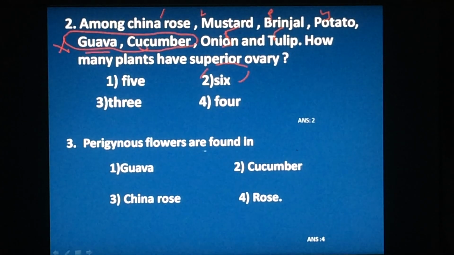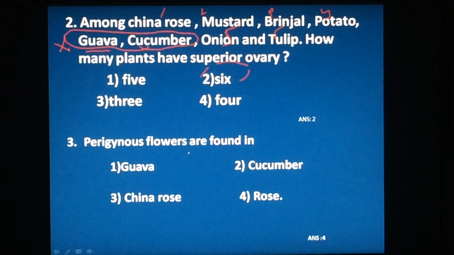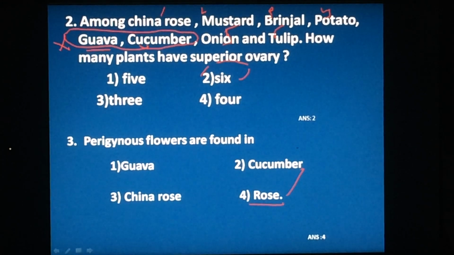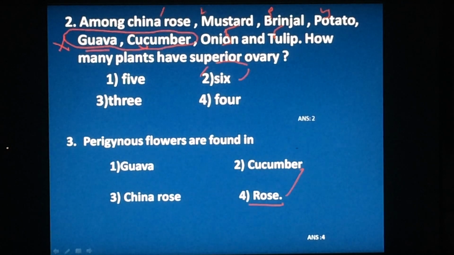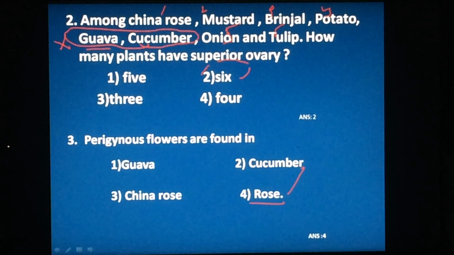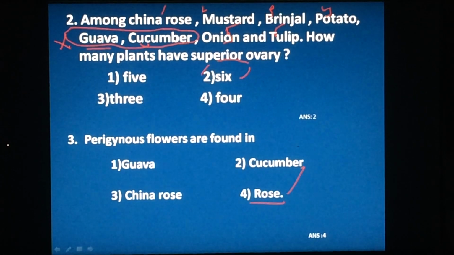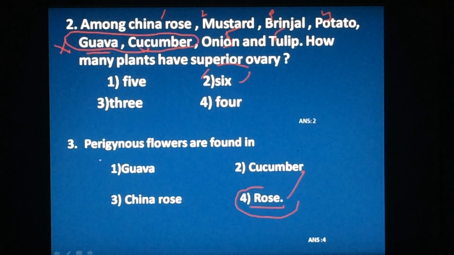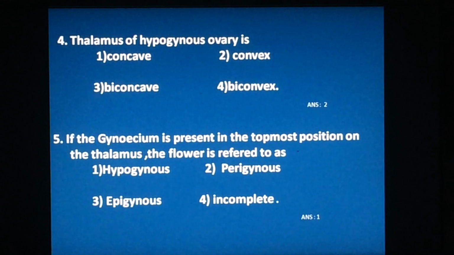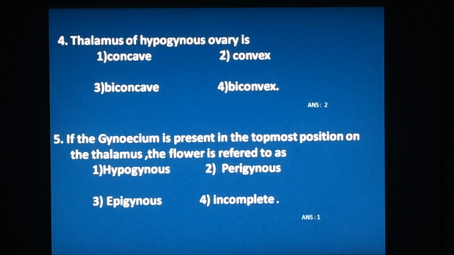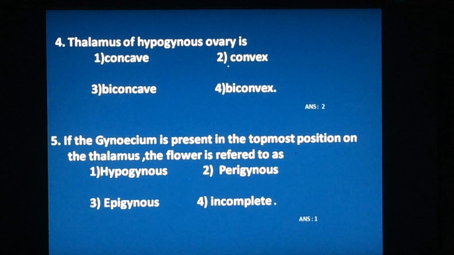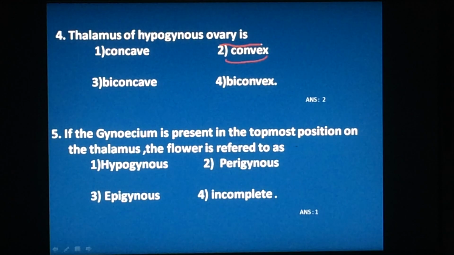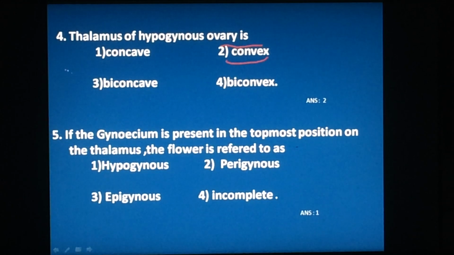Then perigynous flowers are found in. Rose. Already I gave a hint, a trick. Parents, please relax. So answer is this one. Rose. Thalamus of hypogynous ovary is, only hypogynous is having convex or dome shaped, others are having concave.